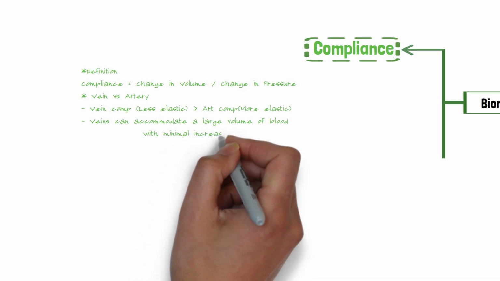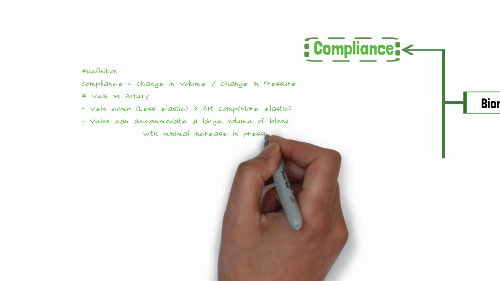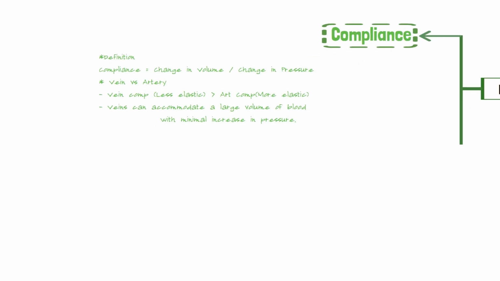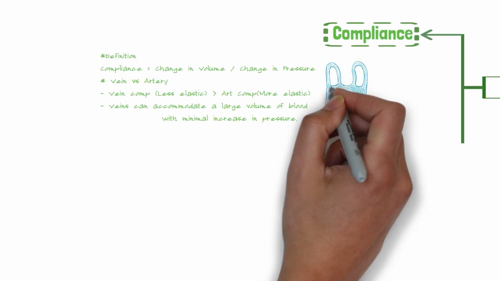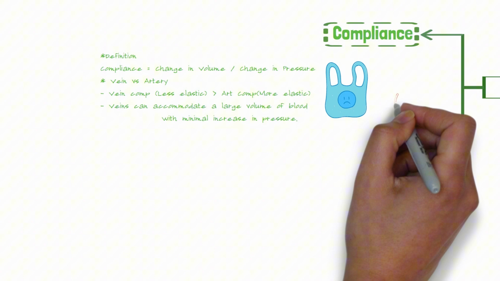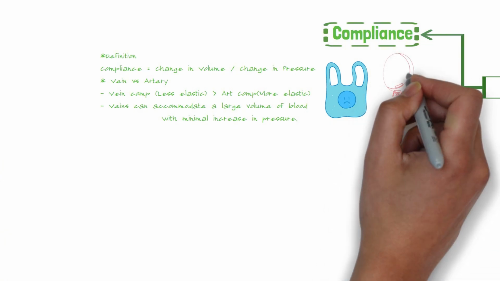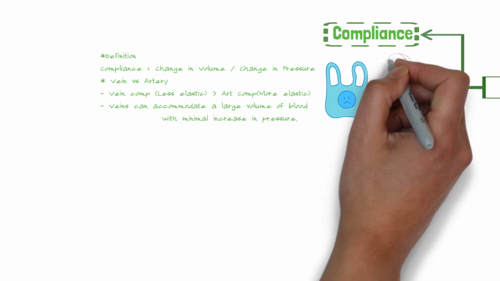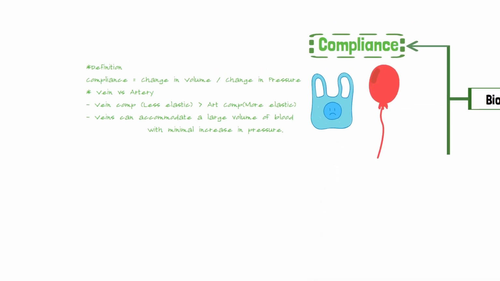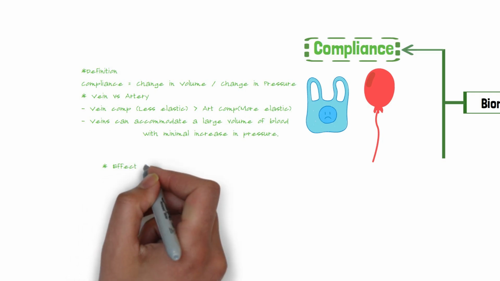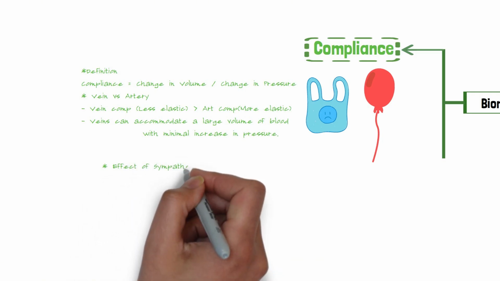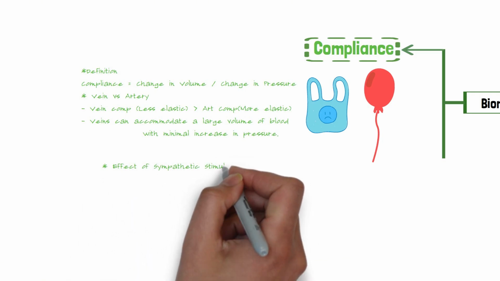You can pour a large amount of blood in it with a minimum increase in the pressures, while the artery is like a balloon. If you add a small amount of blood, it will result in a marked increase in the pressures. So the veins store a large amount of blood with a small increase in the pressures.